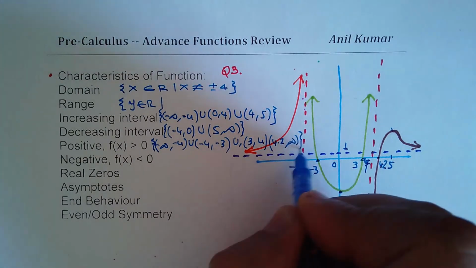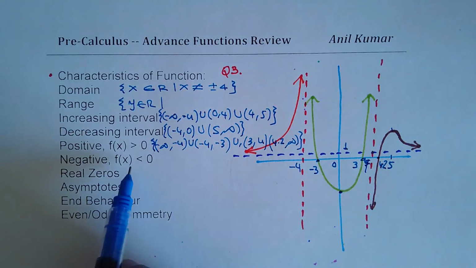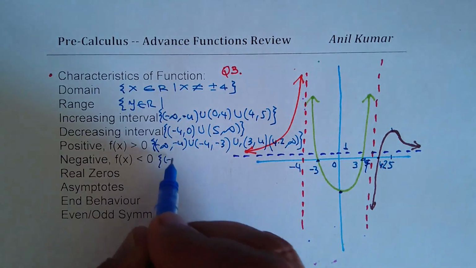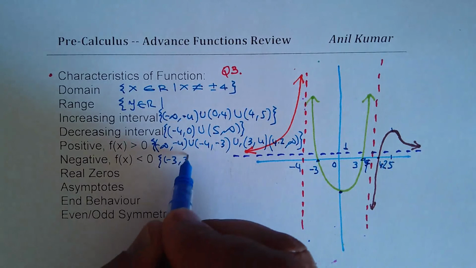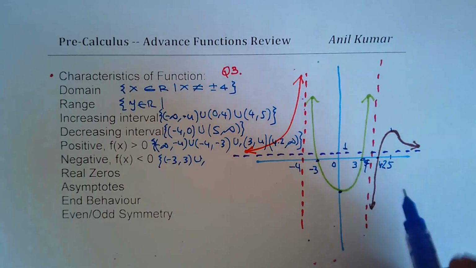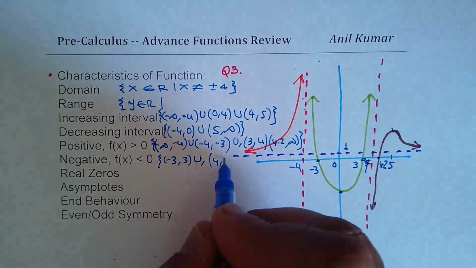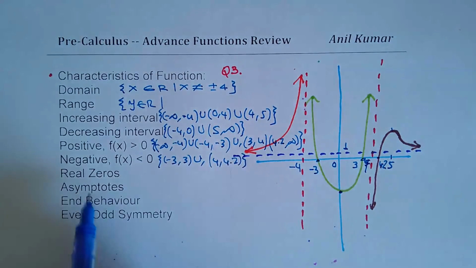Does it make sense? It is negative only in these intervals from -3 to +3 and from 4 to 4.2, let's say. Is that okay?